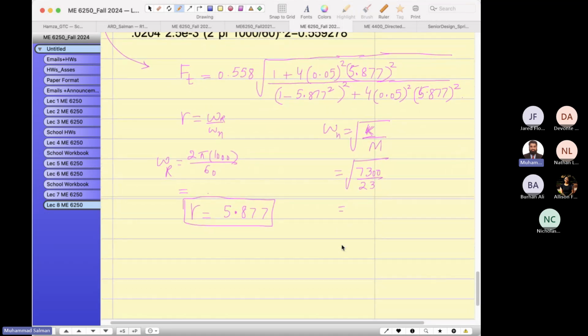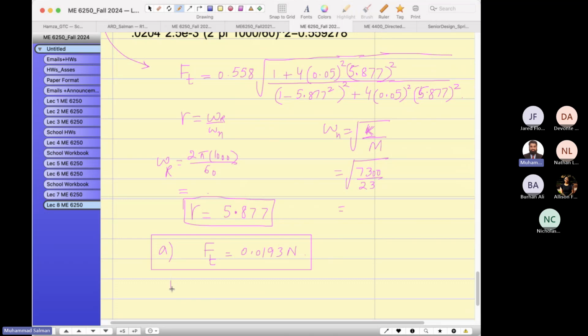Now, if you do the math, you should get the answer for A: transmitted force equals 0.93.